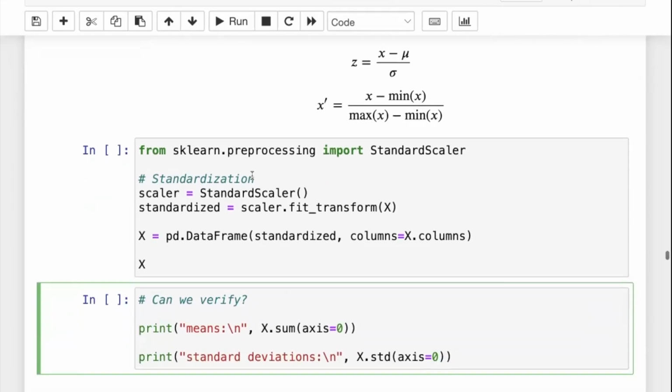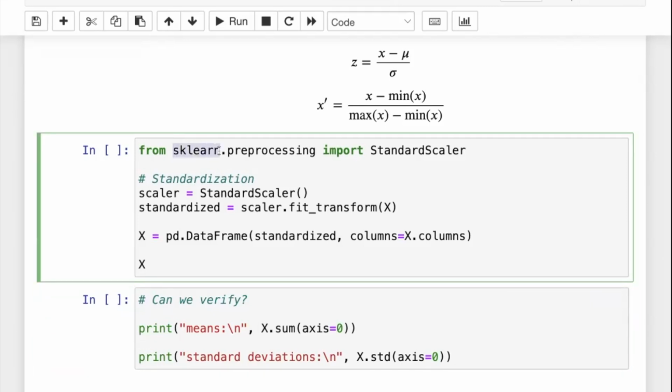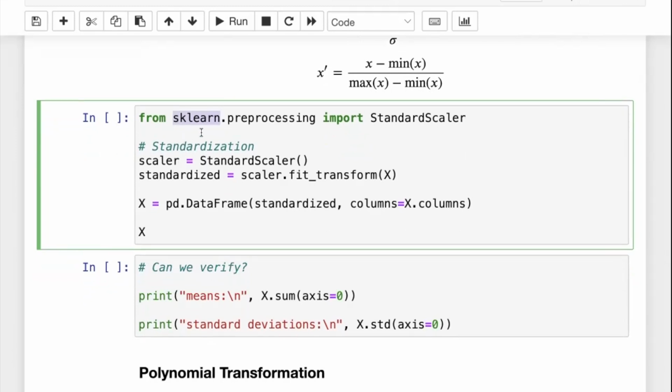So the idea is that we're going to use the library scikit-learn, which is shortened as sklearn. So that's how you can import and use this library in Python. And inside scikit-learn, there is something called a preprocessing module.